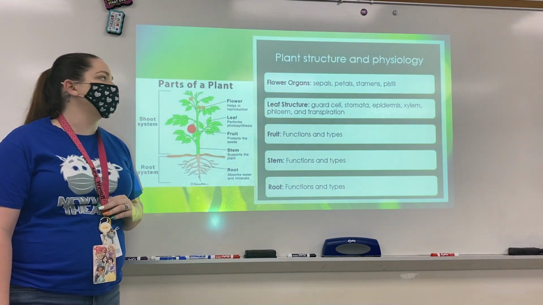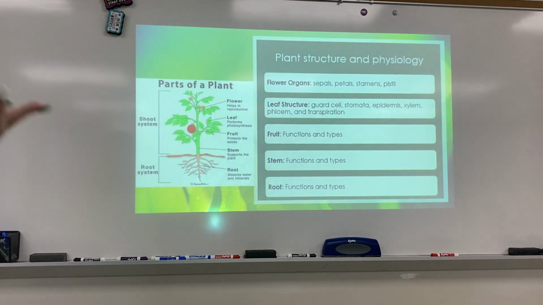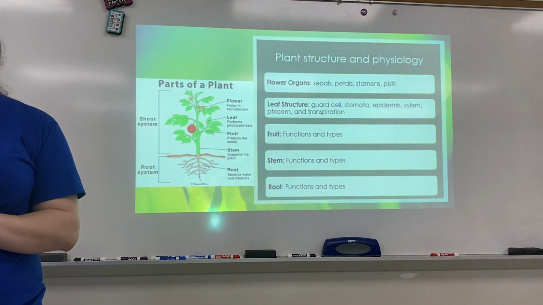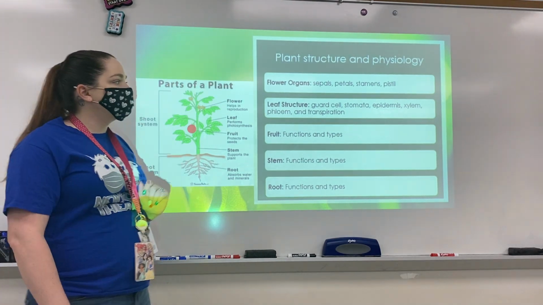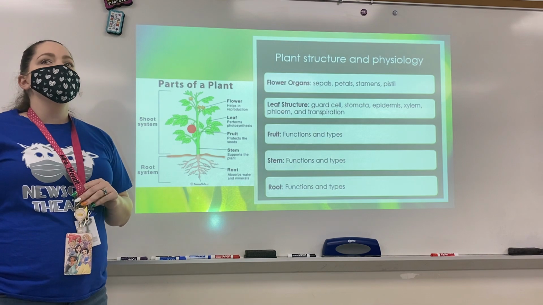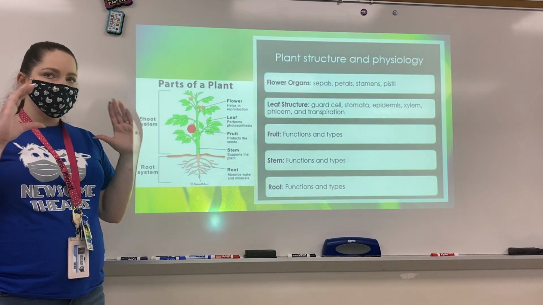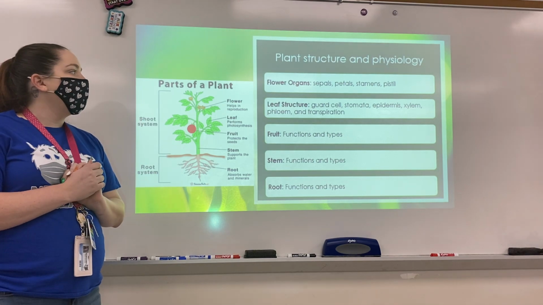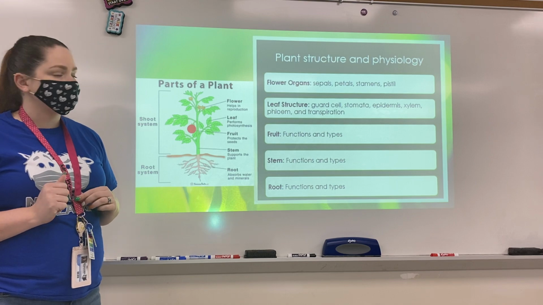So first we looked at the flower, and the flower is where our reproductive organs are located. Every flower has both male and female parts, and we have sepals, petals, stamens, pistils. So you need to know what those are. You need to be able to look at a picture of it and pick out where it is. And you need to know which one is the male part, which one is the female part.